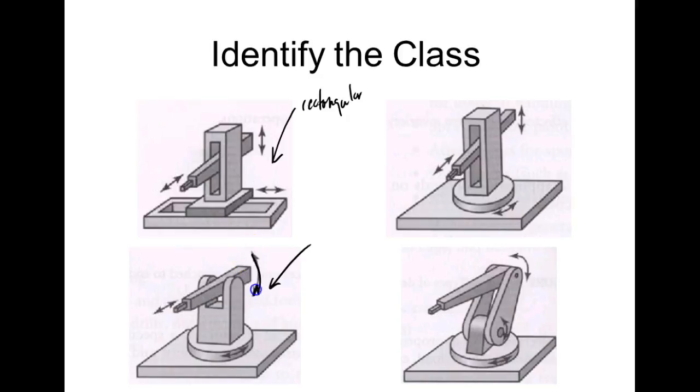As soon as we do the tilt, now what's this guy going to be? Yeah, cylindrical. And I ran out of room. And what would this be? Yeah, this is what we'll refer to as jointed spherical.